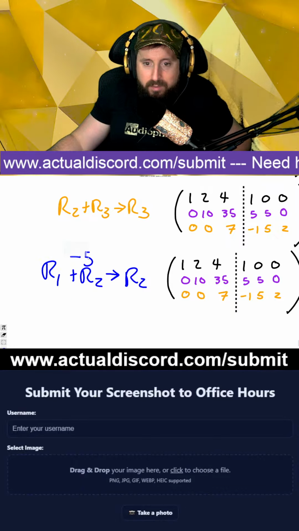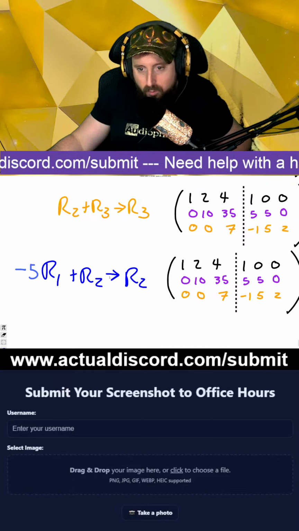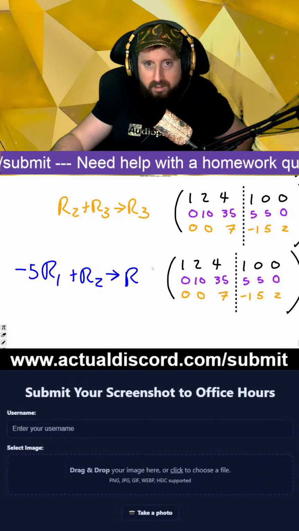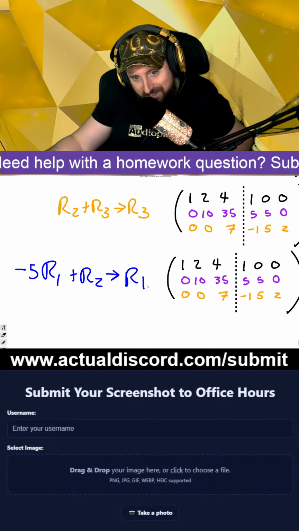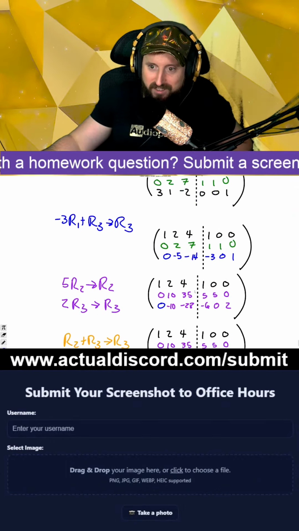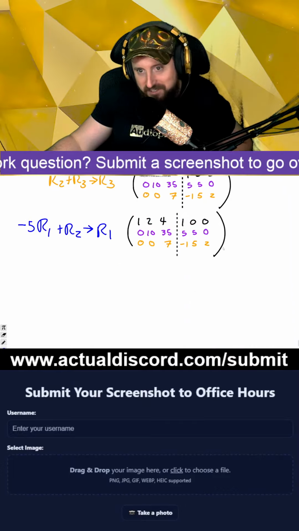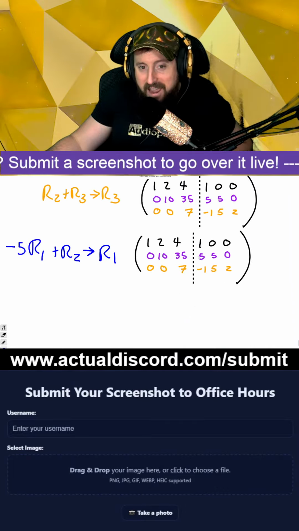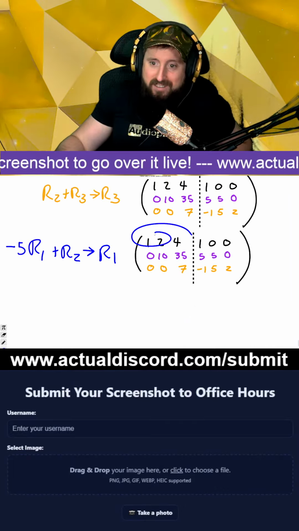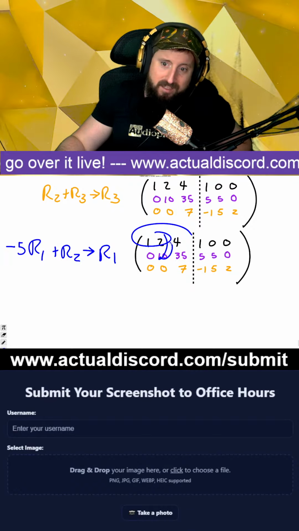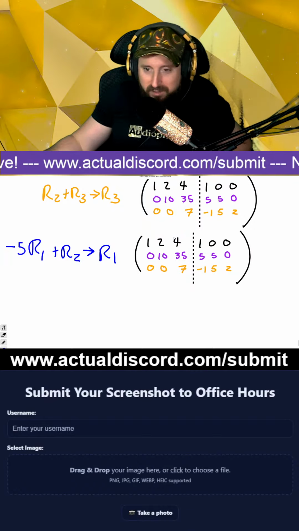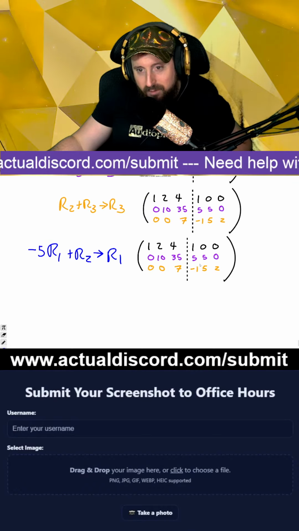No, wait. I had it right. I need this to go to R1. That's what I need. I actually hate this class. This is tedious, honestly. Okay, sorry. -5 R1. I'm adding this to this, but then I'm making it this, I think is what's happening.